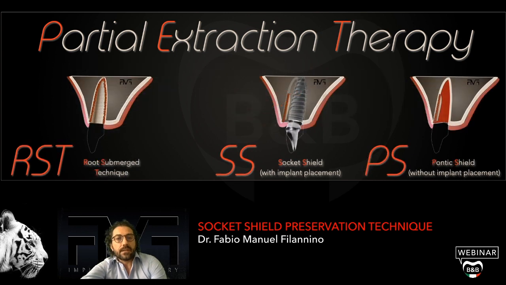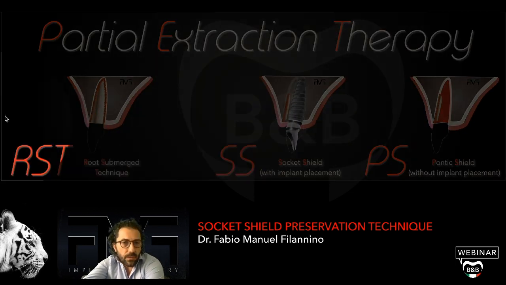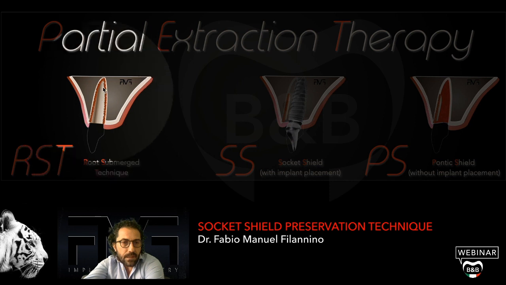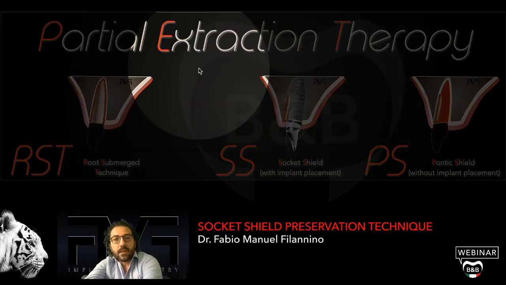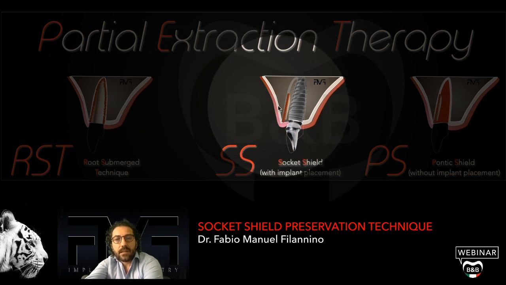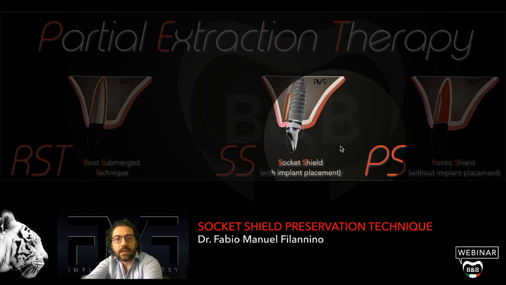Here I designed the three examples, and we can see here in the root submerged technique we actually maintain all the PDL in contact with the root that is maintained under the crestal bone. And here in the socket shield we can see that the shield is maintained. We can insert the implant, we can leave a gap between the shield and the implant, and then we keep the space for the prosthetic elements.